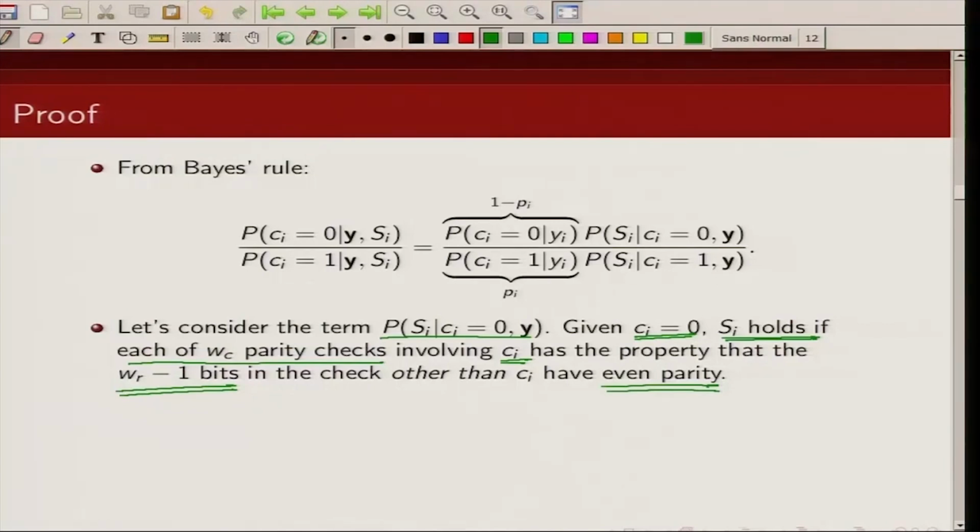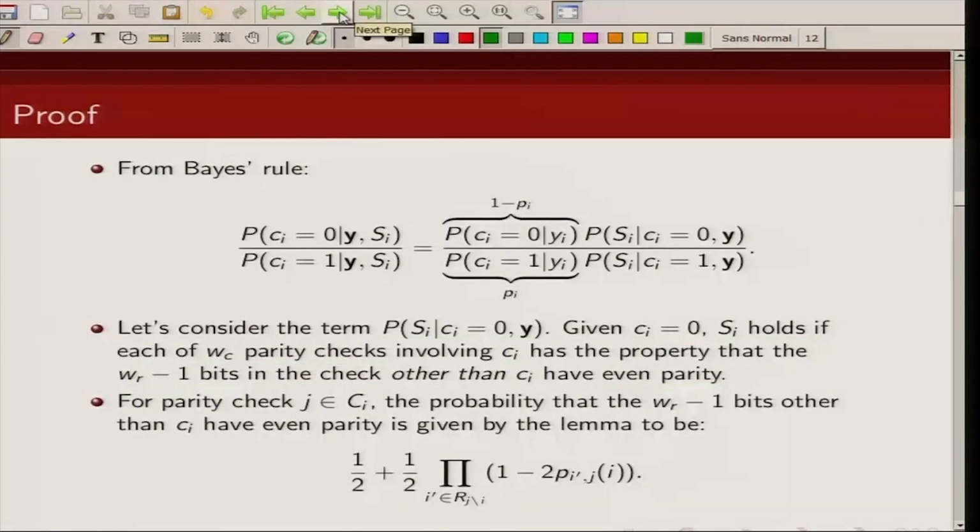Because Ci is 0, the other bits should have even parity, and then only the parity check equation involving Ci will be satisfied. So we need to find the condition that the sum of other parity check bits involved in the parity check equations where Ci is participating should have even parity.